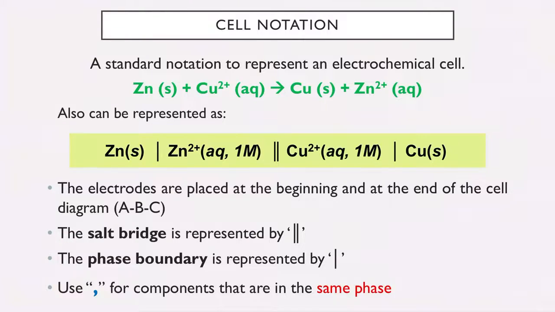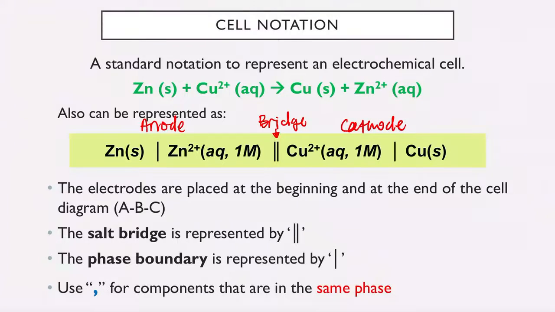First of all, you have to notice that it starts with your anode, and then here you have your bridge, and then your cathode. So it's basically, what happens at the anode, and then your bridge right here. This is your salt bridge, and then your cathode.